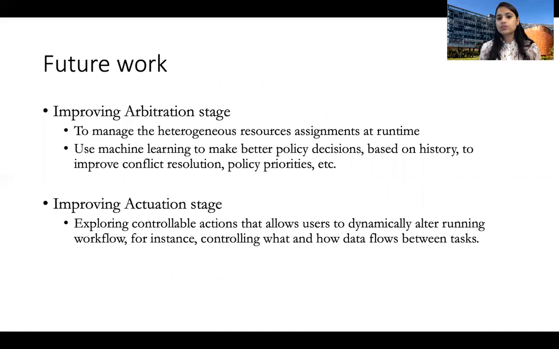We also want to use machine learning to improve other decisions, such as conflict resolution and setting priority policies, learning from the history. The next direction is the actuation stage, where we want to explore what kind of controls we can provide to users that will enable better dynamic management. For instance, controlling what and how the data flows between the different tasks.